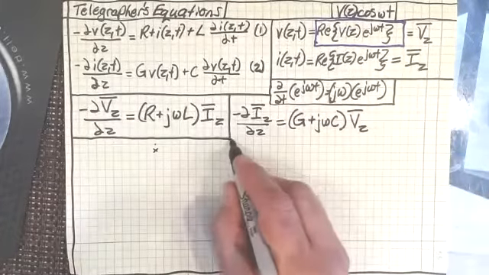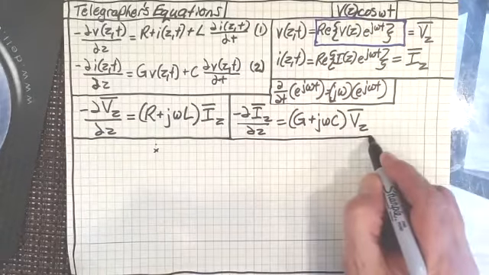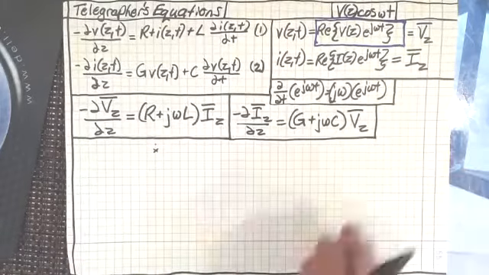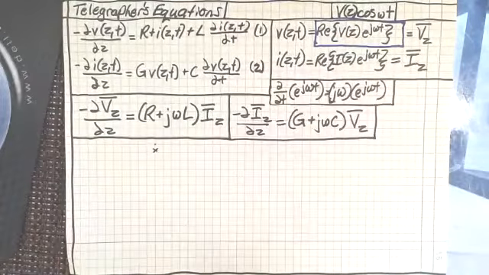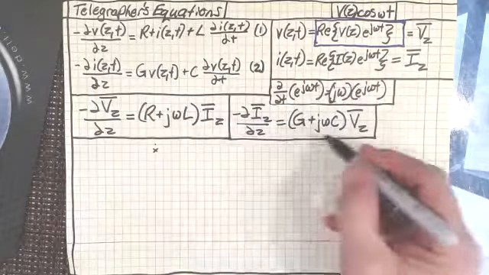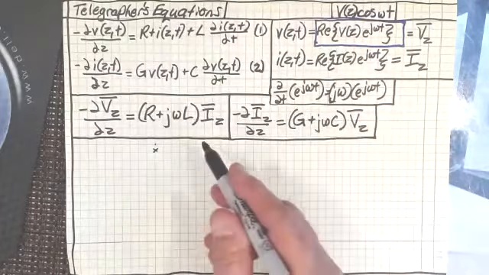And that would be my second Telegraphers equation written out in our new notation, knowing that we're using the exponential form for all of these. And I've taken you through that before.